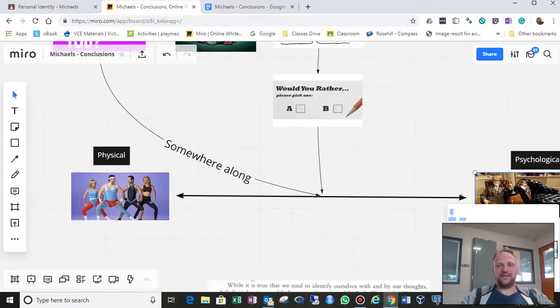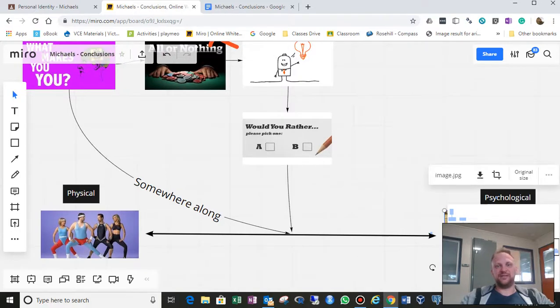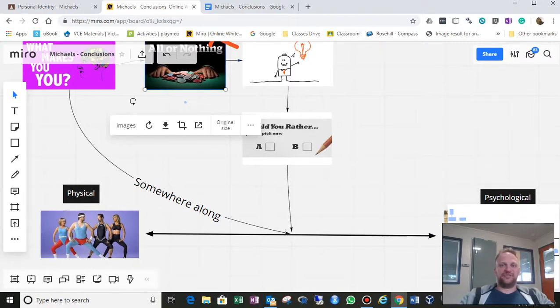And we need to think about it in terms of a degree of being somewhere along this continuum, rather than being an all or nothing singular marker, which is what we've thought of in the past with psychological continuity. Take a note.